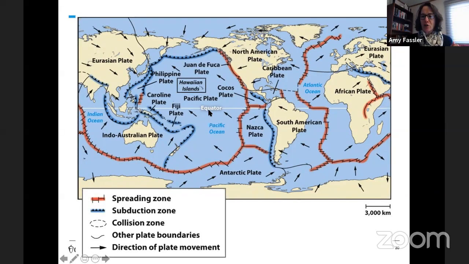And let's just make sure we can make sense of this based on that review that we just did. So see if you can find on here, well, you can see this is a good example of a spreading zone. And remember, at a spreading zone, at a divergent plate boundary, the main feature I see are those mid-ocean ridges.